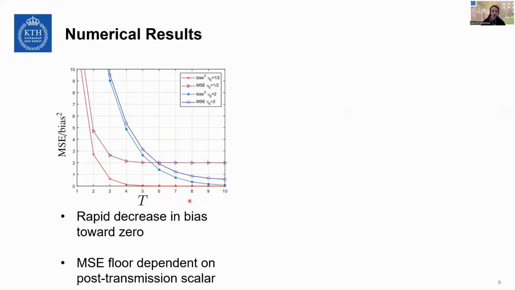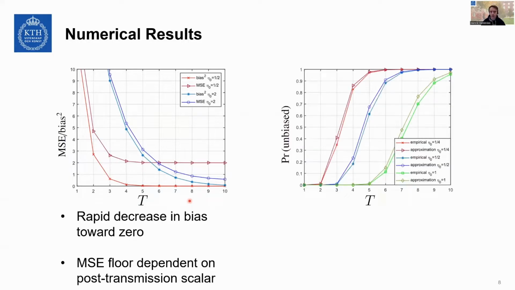We're also interested in looking at the probability of achieving completely unbiased estimation. In this plot here on the right, we now have 3 different systems for 3 different values of this post-transmission scalar. As we see, with a few transmissions, it's basically impossible to get an unbiased estimate. In fact, for this numerical result, we used 100 devices in the network.